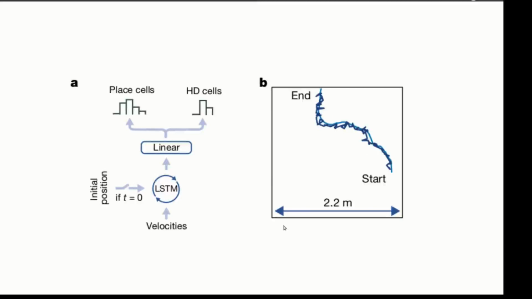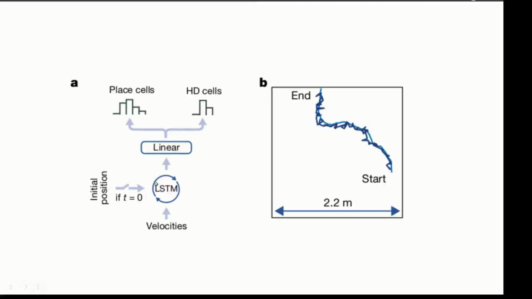The velocity with which the agent is moving is given as an input to an LSTM. Some noise is added, so that they mimic the kind of information available to a rat, which doesn't exactly know the value of the velocity, but has a general idea that when it moves to the left, there's an acceleration to the left, kind of like an accelerometer, I would guess.